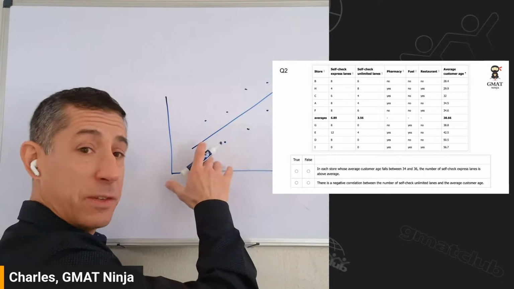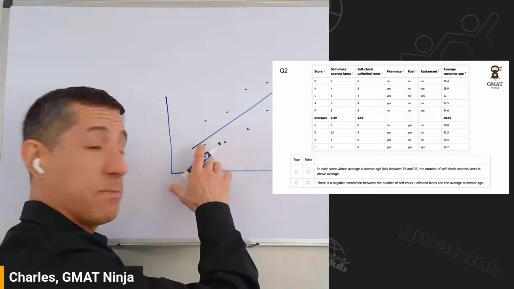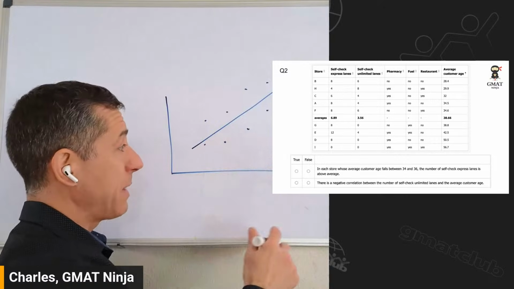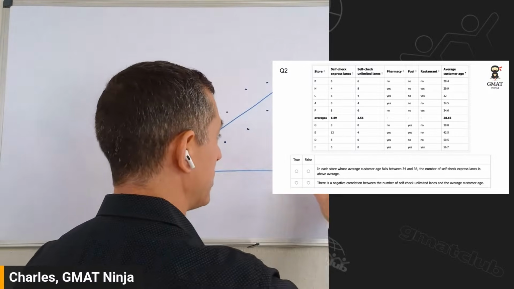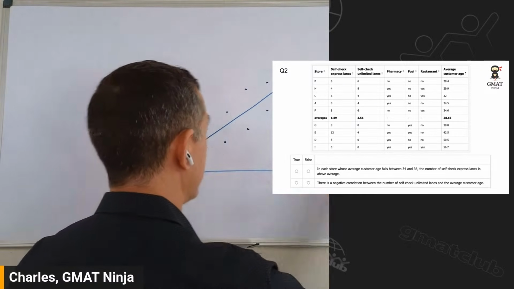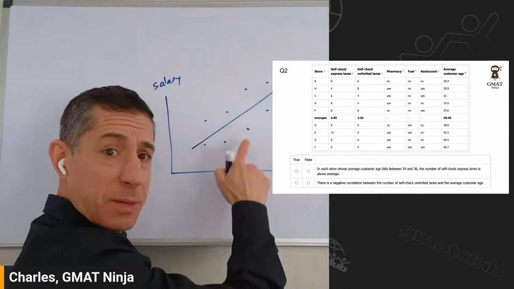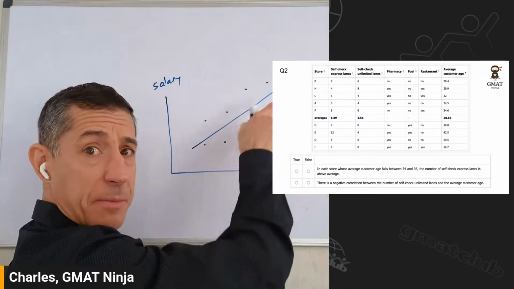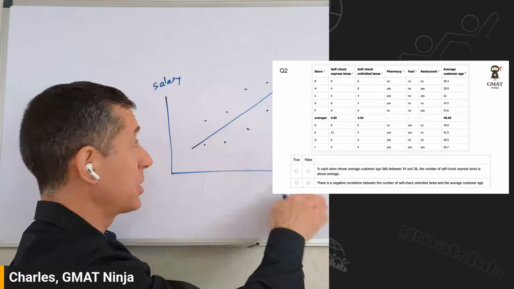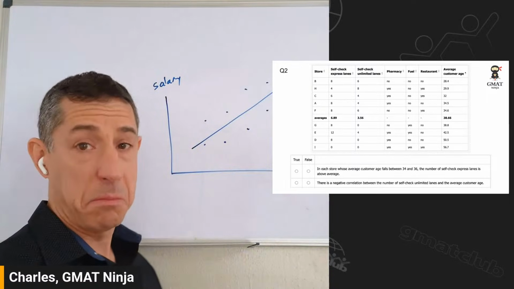Straightforward. Most of you see this kind of thing in daily life and go, yep, positively related. Whatever this might be, this is maybe, I don't know, years of education, and this is salary. More education, more salary. Yeah, on average, you bet. On average, positively correlated. More education is going to lead you to more income, on average.